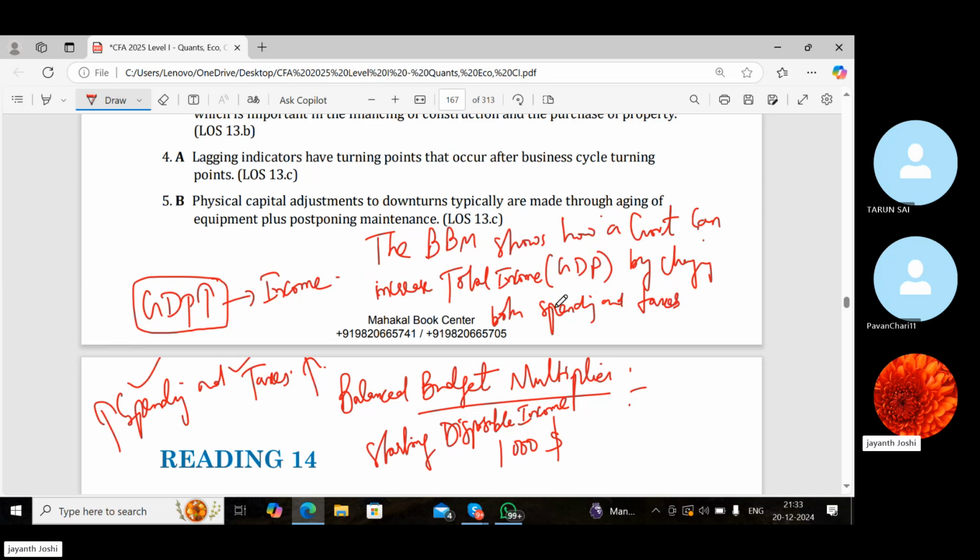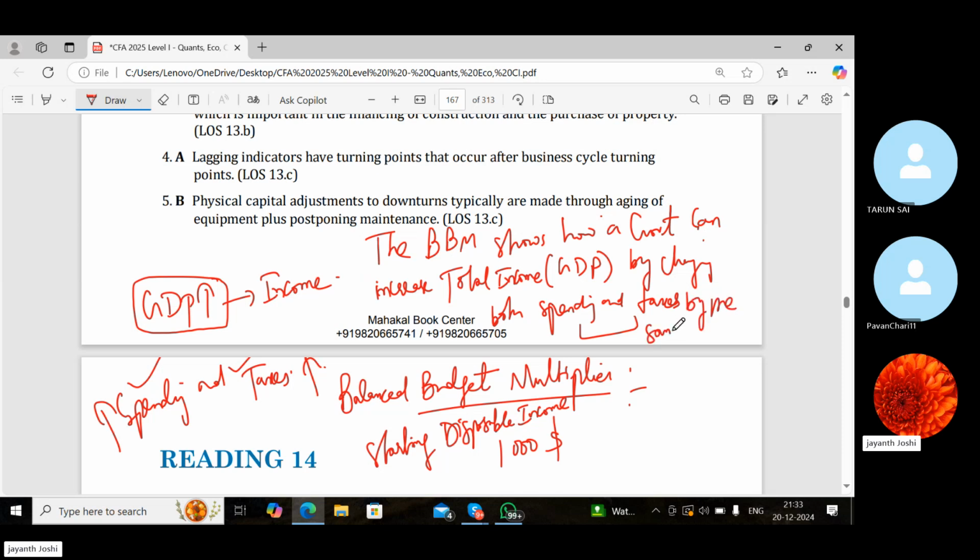See, both are contrasting. With spending the GDP will increase, with taxes the GDP would go down, but this is happening simultaneously. So this particular decrease will be offset. However, we will discuss that and we'll understand that. Total income GDP by changing both spending and taxes by the same amount.